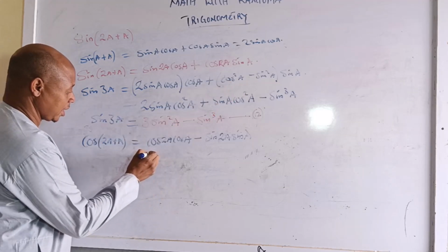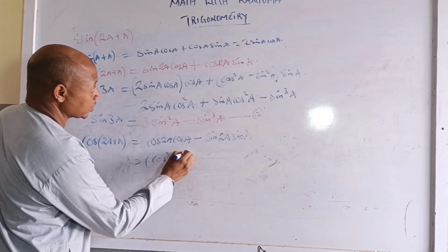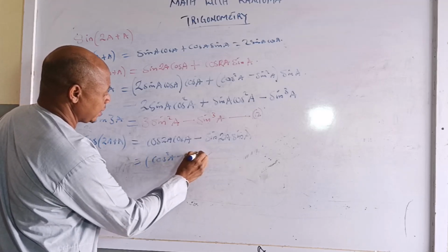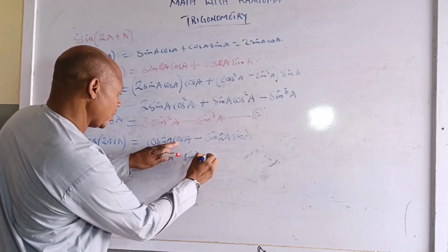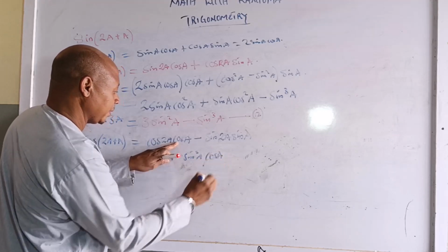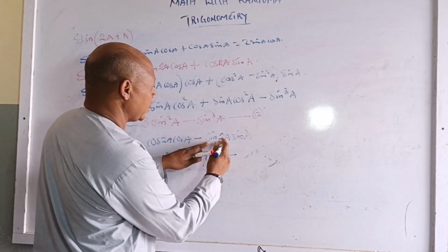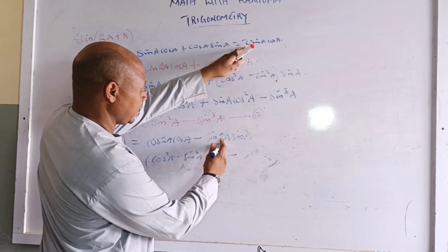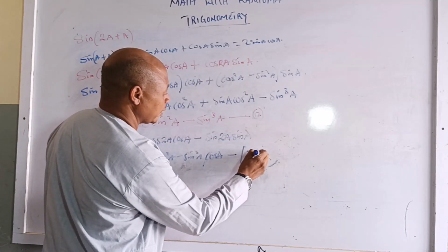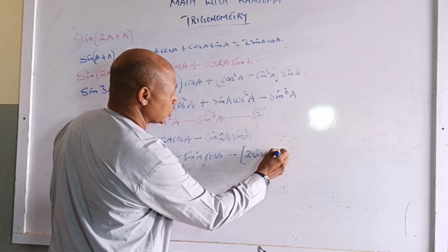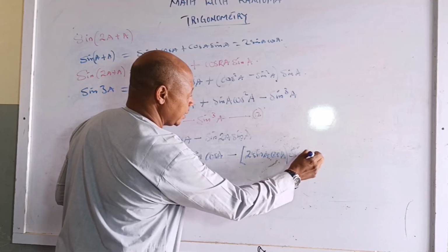So this is the same thing as cos square a minus sine square a times this value now, cos a, right? Then minus sine 2a, we said is 2 sine a cos a. So now I can substitute the value of sine 2a as 2 sine a cos a times this value, which is sine a.